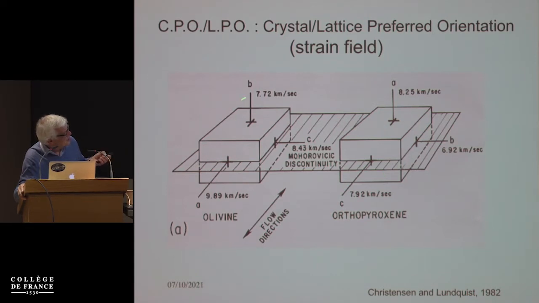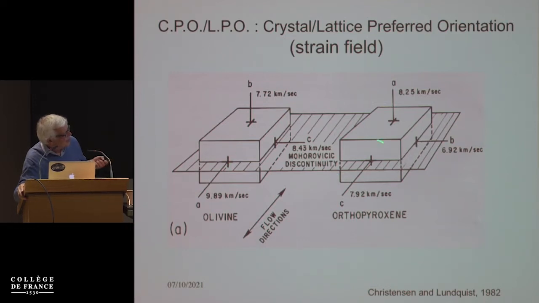And you see that the difference between basically 10 kilometers per second and 7.7 is more than 20%. So it's not a small effect. It's really a very large effect in terms of anisotropy, about 20%.